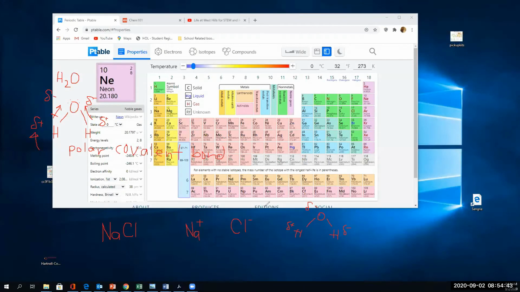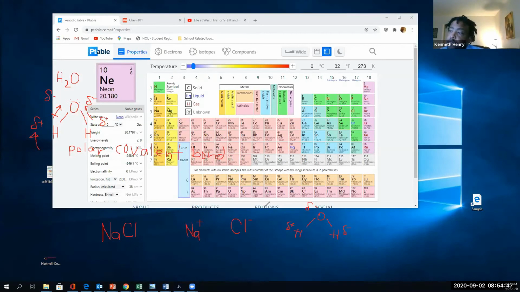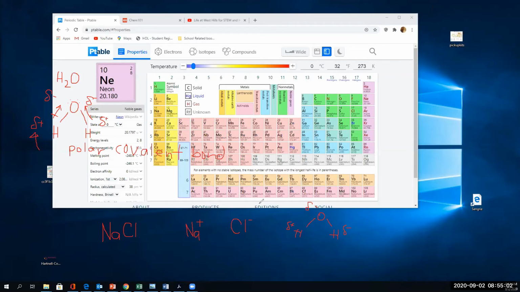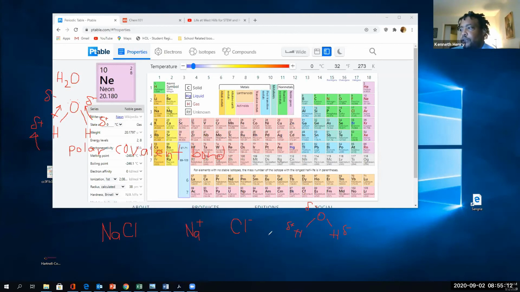If we're talking about salt, who is it going to interact with? The water molecule. The partial positive H is going to interact with the partial negative.